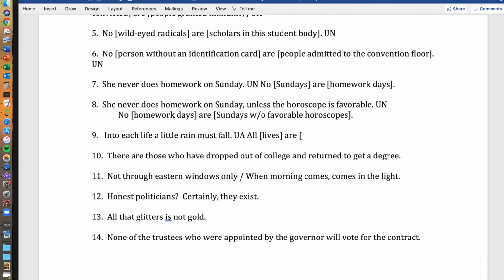Sometimes it makes the standard logical form statement, the two-term statement, a bit awkward, but it helps us to remember that we're talking about terms that represent physical categories in the real world, right? So existences or something like that, into which rain must fall, or something along those lines.